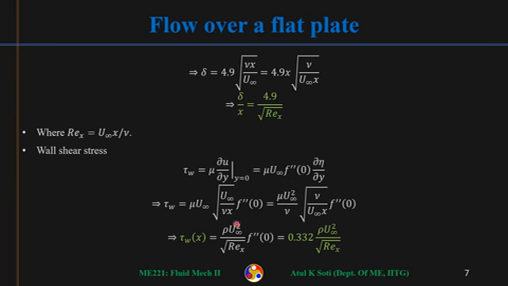So tau wall will come out to be this, rho u infinity square upon square root of Re_x times f double prime at 0, which is equal to A2. Okay, so this is what we'll get. So finally we get the wall shear stress equal to 0.332 rho u infinity square upon square root of Re_x. What you see is, as you move along the plate, wall shear stress is inversely proportional to square root of x. So as you go along, wall shear stress is going to decrease.